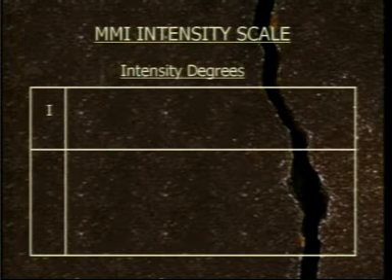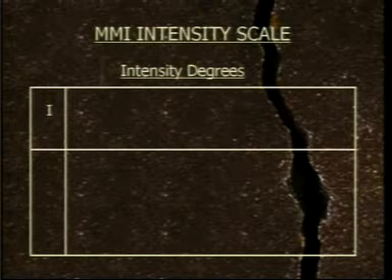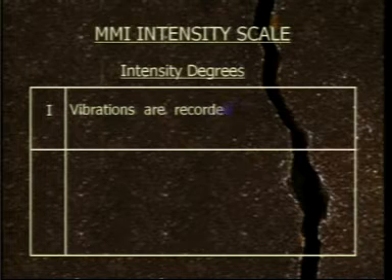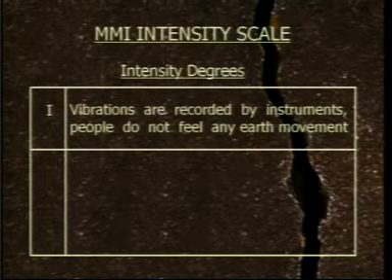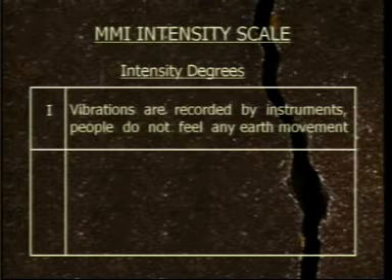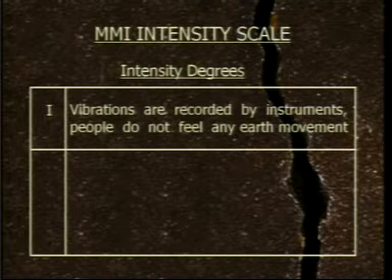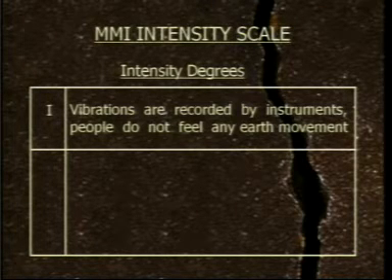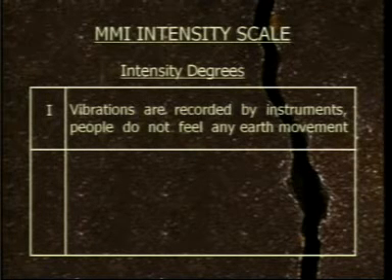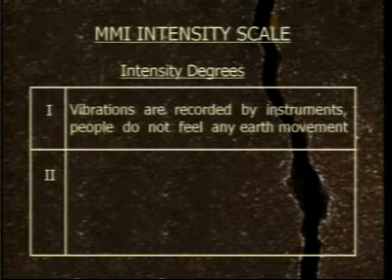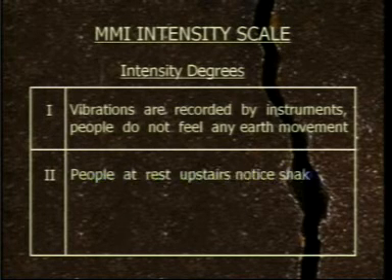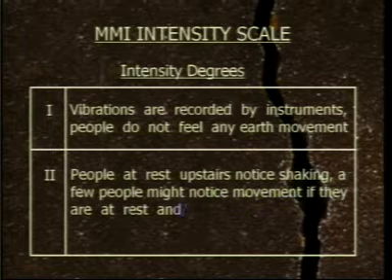Intensity 1 in the MMI scale is that vibrations are recorded by instruments, and people do not feel any earth movement. You will see that these intensities are similar to MSK. Intensity 2 in MMI is that people at rest upstairs notice shaking.